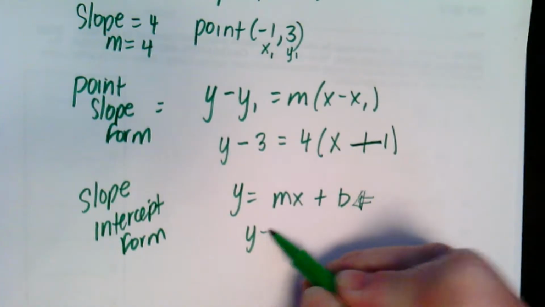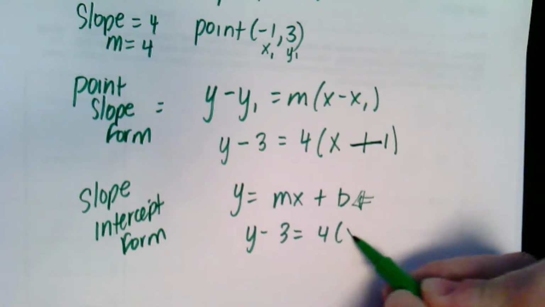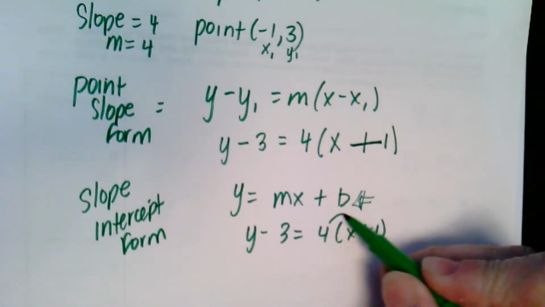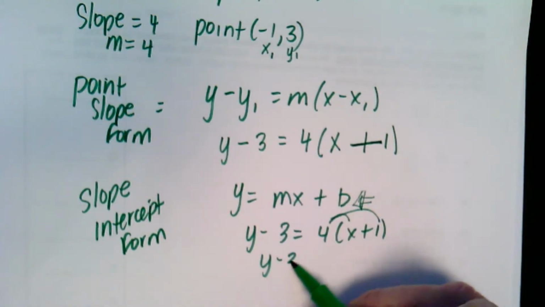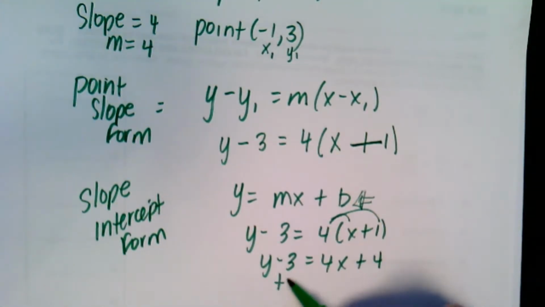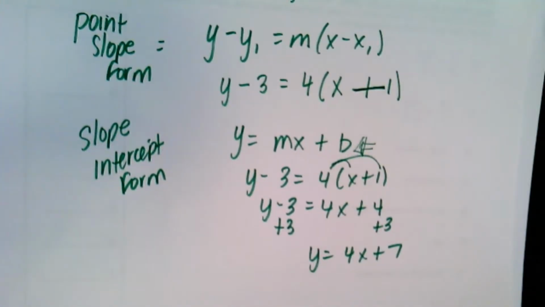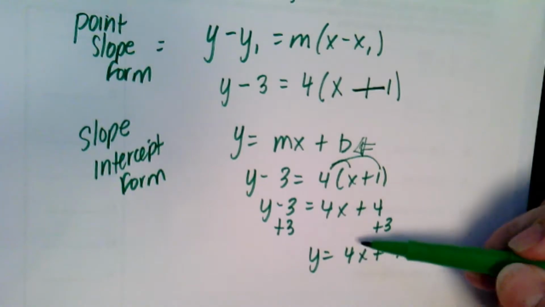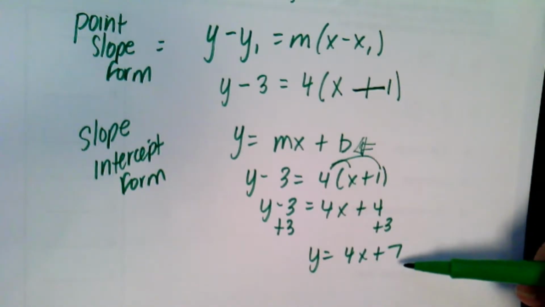So let me start with what we had. The first thing we'll do is distribute. We'll add 3 to both sides. And then we have our slope intercept form.